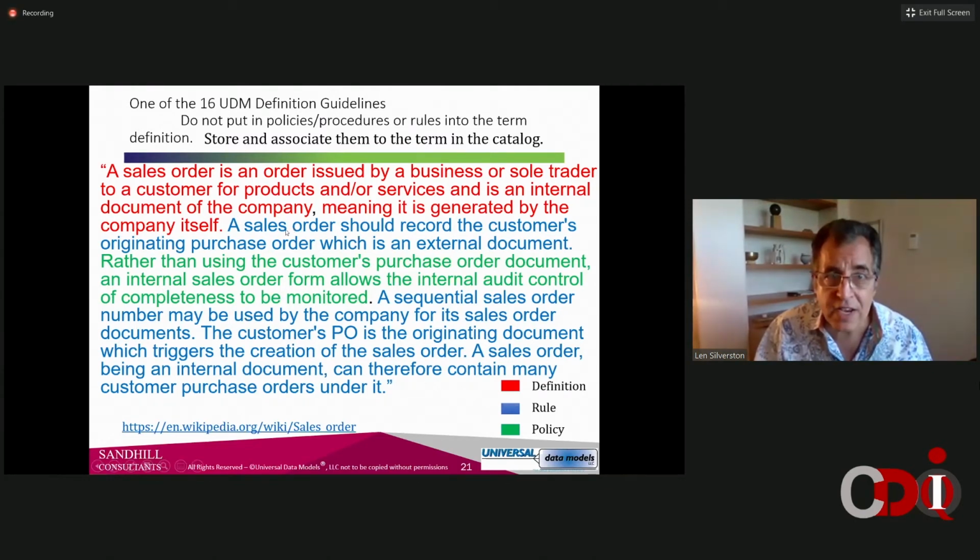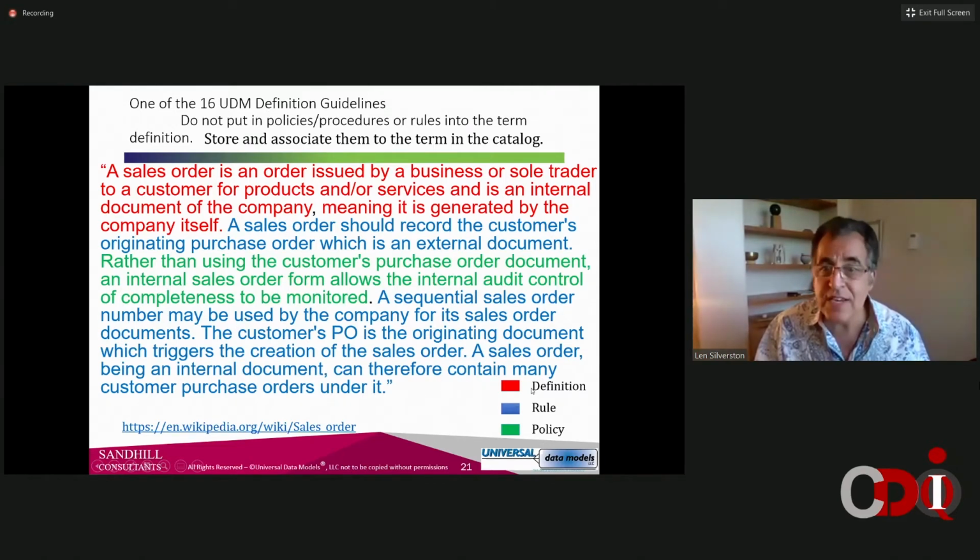But then the stuff over here in blue, a sales order should record the customer's originating purchase order. That's actually a rule. So we want to parse out the rules. Rather than using the customer's purchase order document, an internal sales order form allows the internal audit of completeness. This is actually a policy. And then we go on to consider more rules about the sequential sales order number.